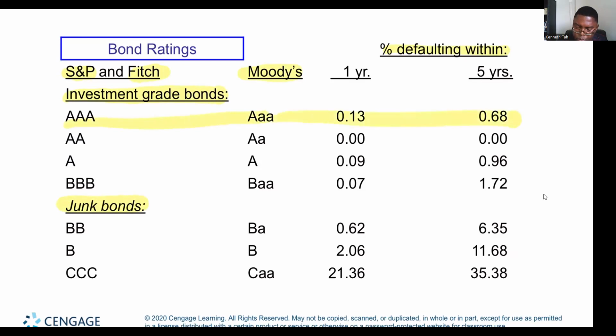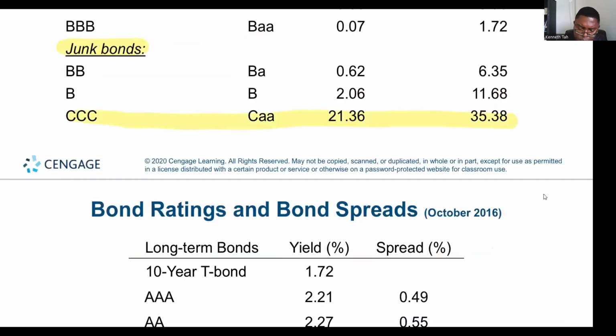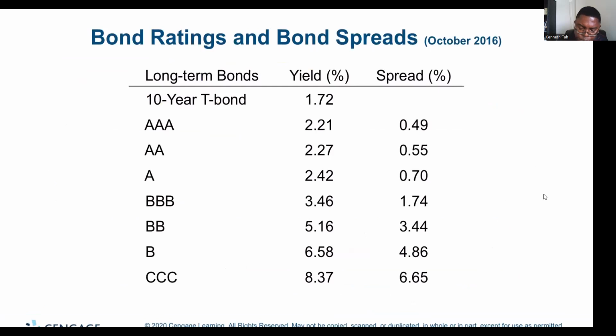As far as default is concerned, bonds that have a high rating tend to have low default, and bonds that have a low rating tend to have a very high default rate. In terms of yield, bonds that have a high rating tend to have low yield, and bonds that have a low rating tend to have high yield.